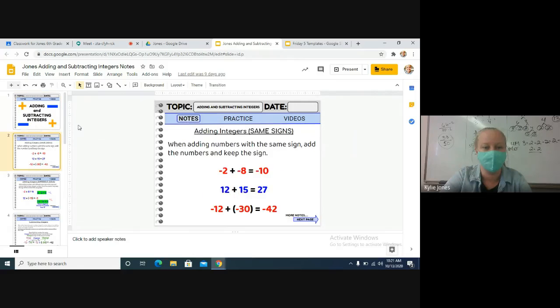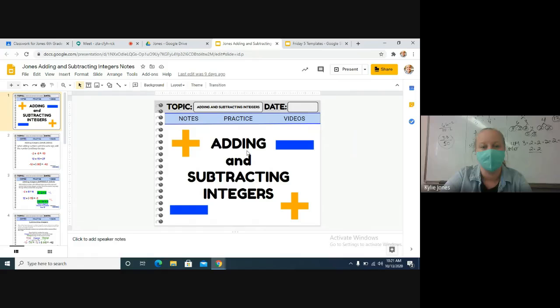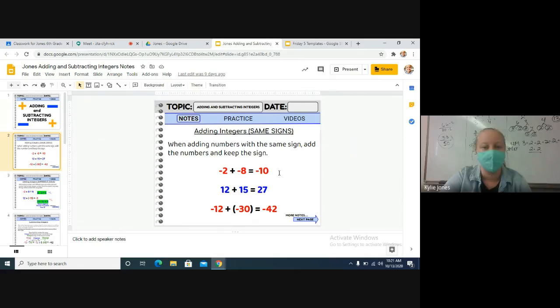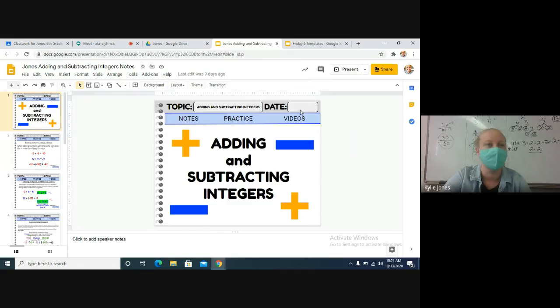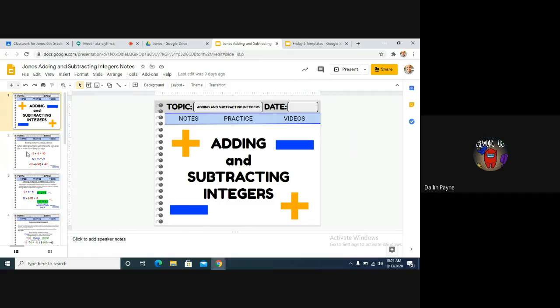Why can't I click on it? It won't let me click. You might have to add a text box there. There's probably not a text box where the date is. I don't think I can make a text box.